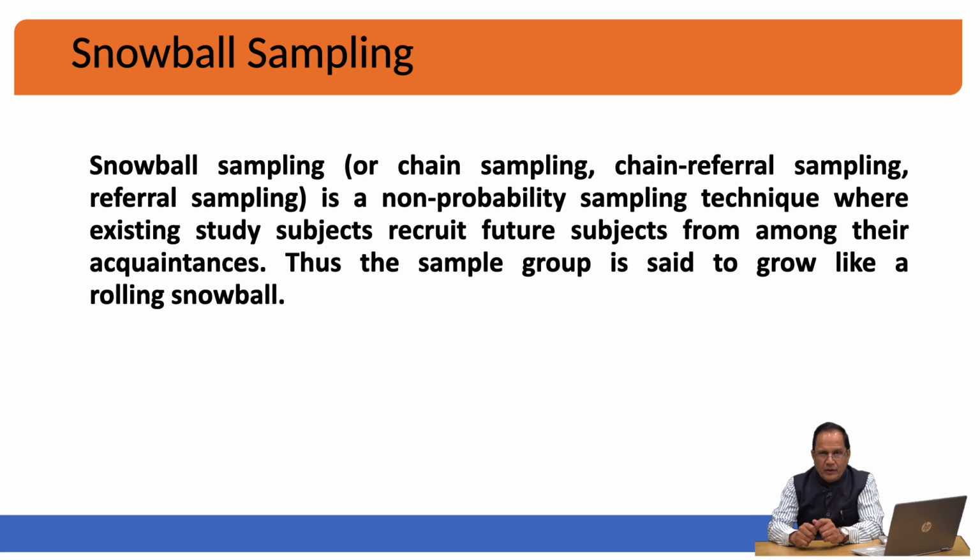If we go to the hilly area and there is a lot of snow, and we take a handful of snow and convert it into a ball and then roll that ball on the snow on the ground, and if that ball rolls for a long distance, gradually the size of that snowball will increase as a result of new snow sticking to the snowball prepared by the person who has rolled it.